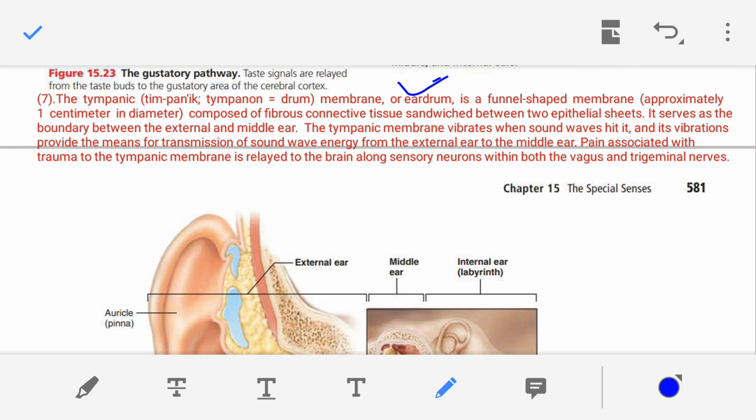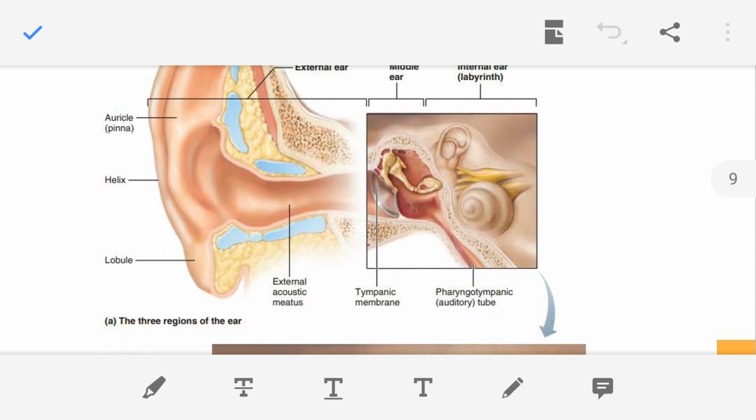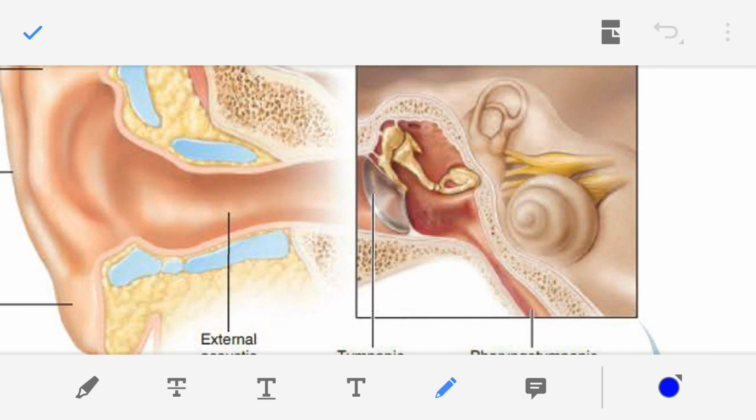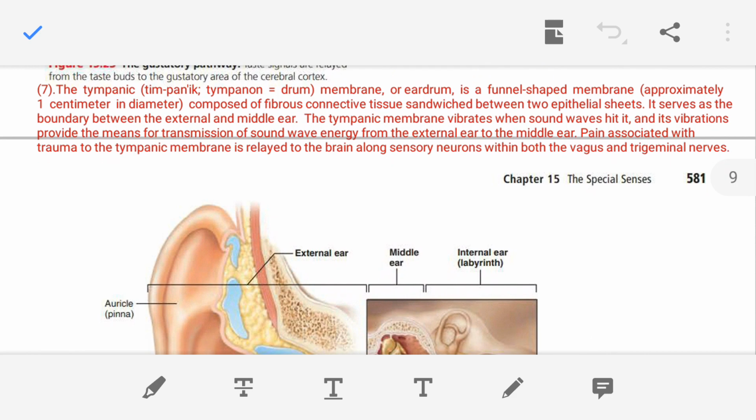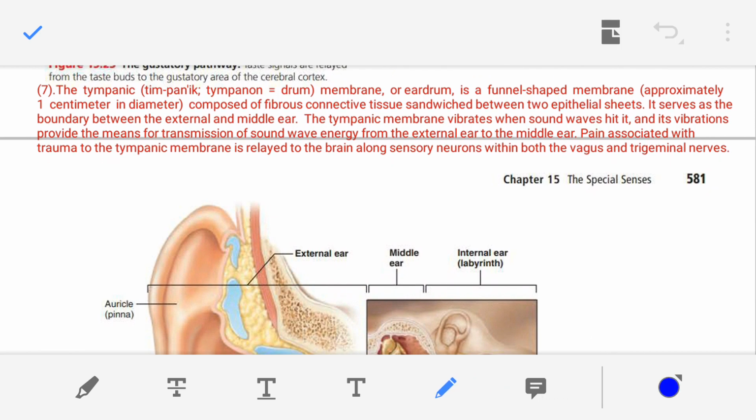And the shape of the tympanic membrane: the tympanic membrane or eardrum is a funnel shaped membrane. The shape is like a funnel. The diameter of the tympanic membrane is approximately 1 centimeter.